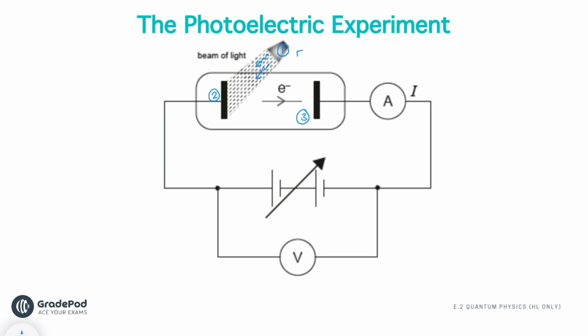These photons have energy E equals hf. And of course we'll remember that these photons are released from the atom. And it's to do with electrons jumping down different energy levels and a photon is released.